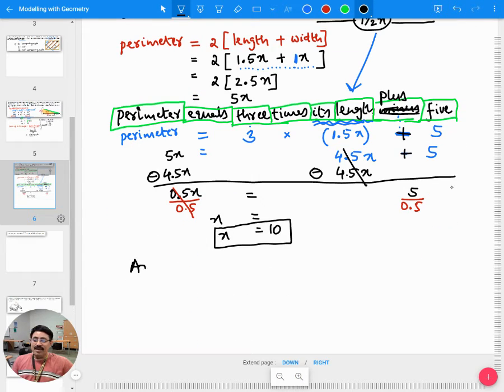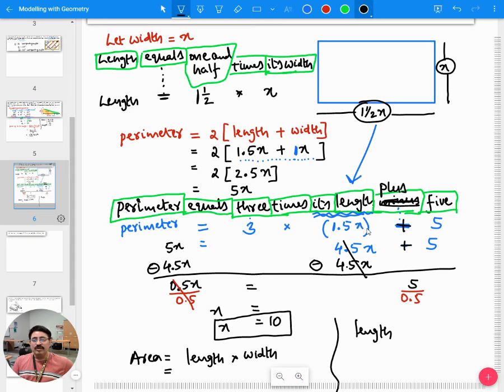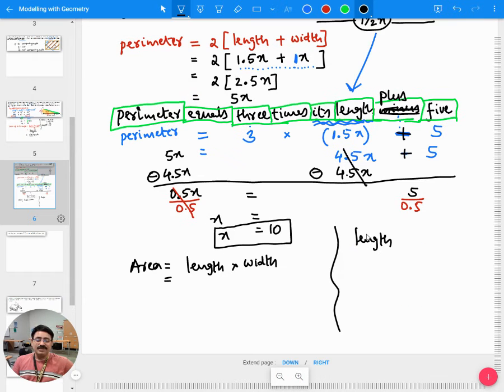So, area equals length times width. Length, please look at the top, is 1.5x.